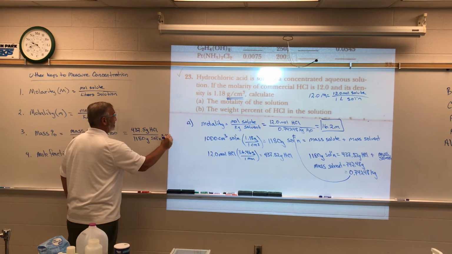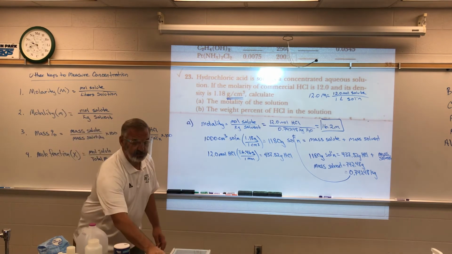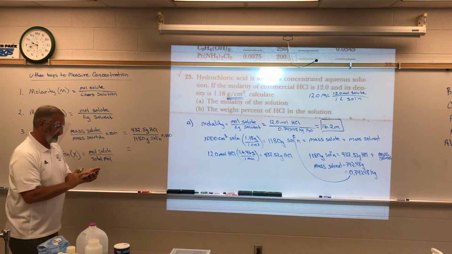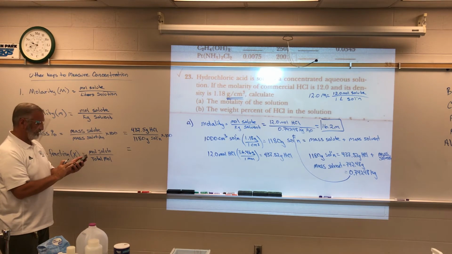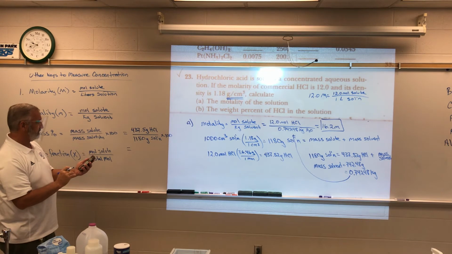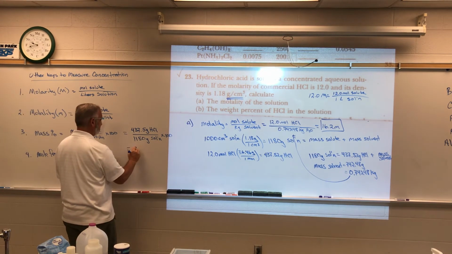Times 100, and that gives me my percent. Or 437.52 divided by 1180. And I get 0.371, or 37.1%.